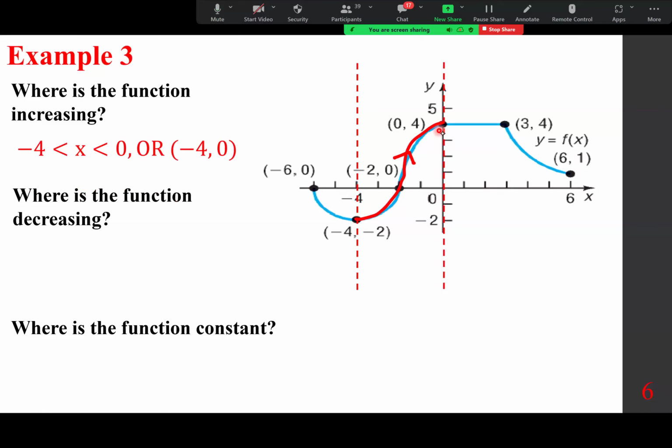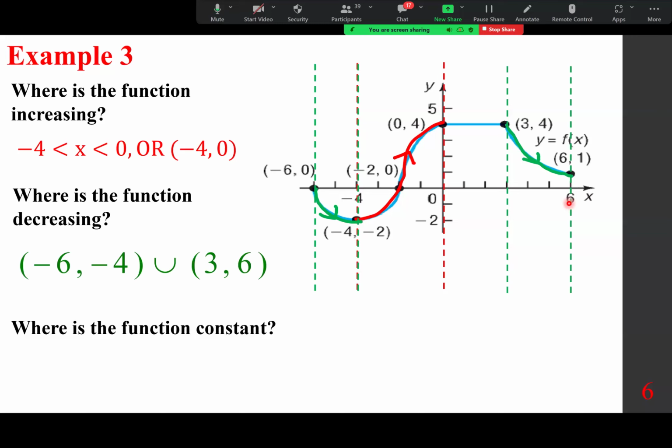Where is the function decreasing? Here and here. Over here, from -6 to -4. Over here, from 3 to 6.